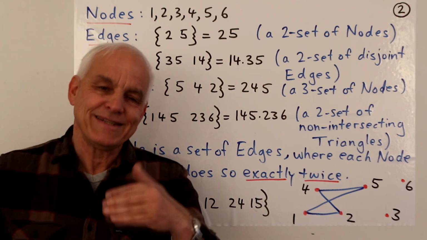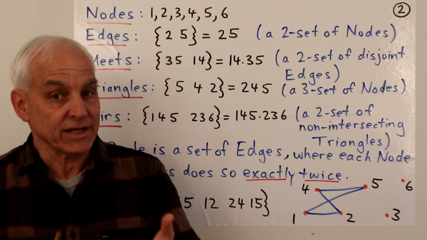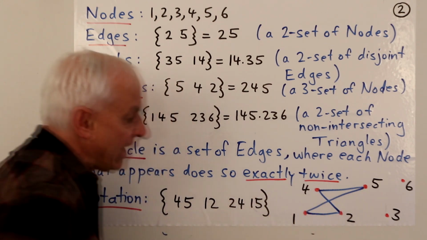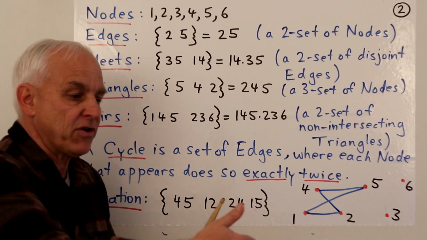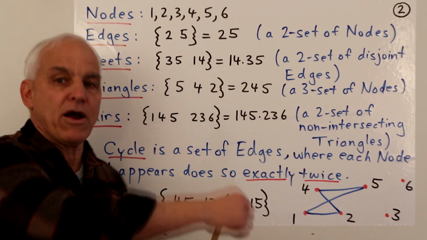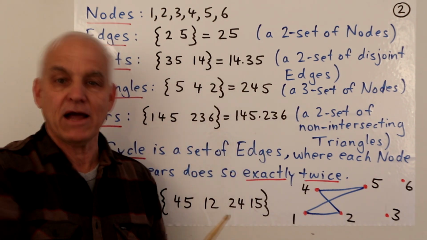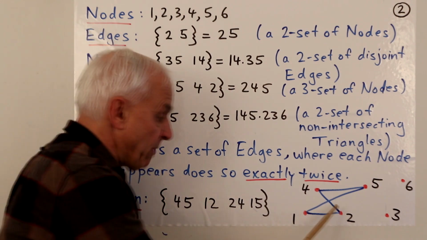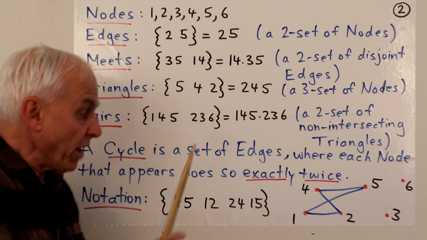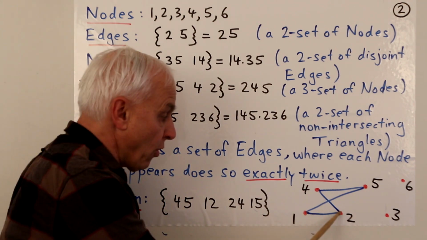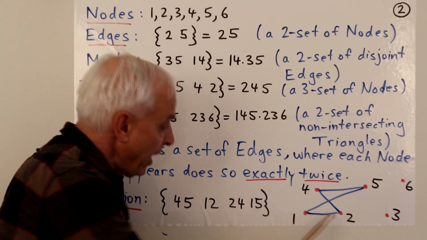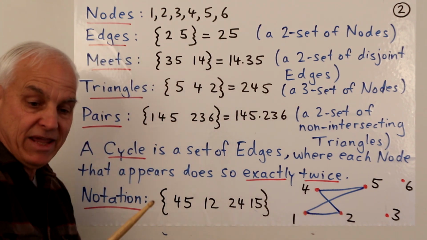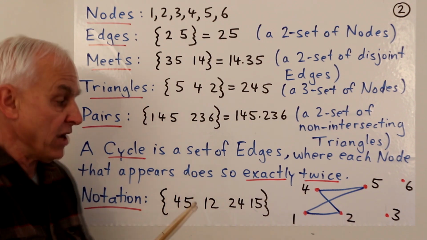Once we've done that, we see why this is reasonably called a Cycle, because this collection of edges really has a kind of continuous property. You can actually walk around it all the way and come back to where you started. So for example, if you start at some random spot, say 2, and you head in one of the two directions, let's say you go 2 to 1, then once you get to 1, you've used one of the edges coming in, so there's exactly one more edge going out.